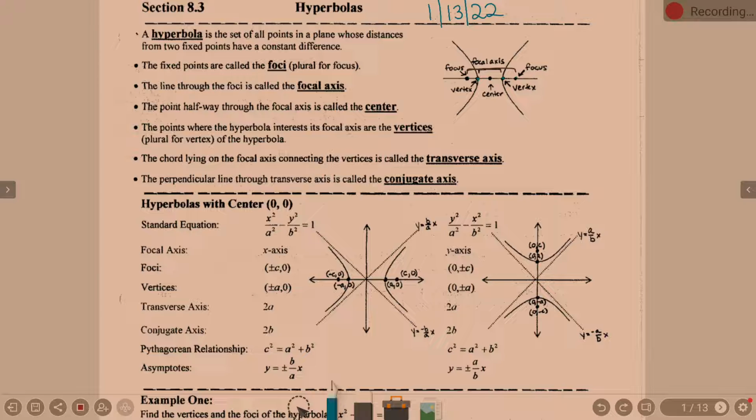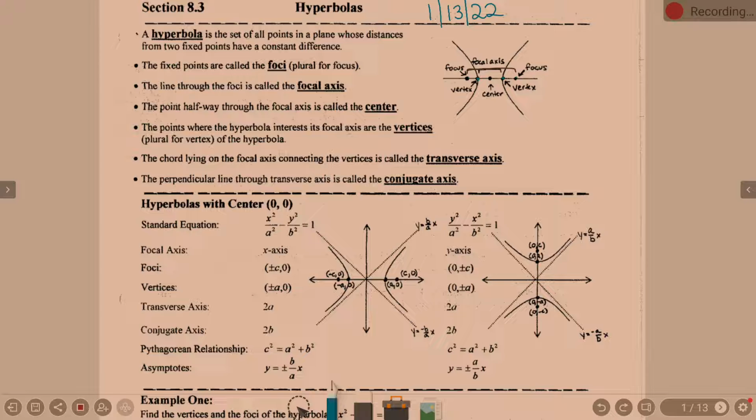You still have a left column where x squared over a squared minus y squared over b squared equals 1. And then in the second column, your x and y flip-flop. In that right column, it is more obvious this time because that y has to be positive. Whereas over here in the first column, the x has to be positive. As you compare the pictures, in a left column hyperbola, your hyperbolas are on a horizontal axis because they're opening apart from each other horizontally.